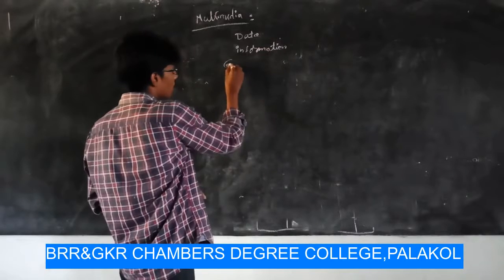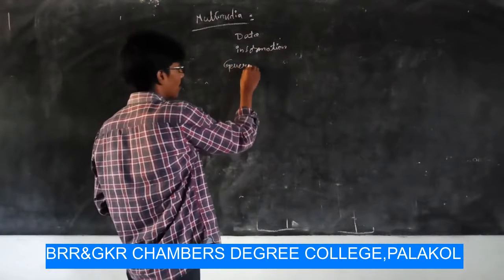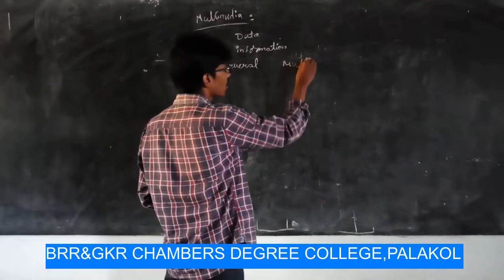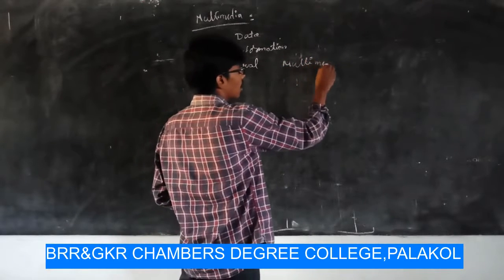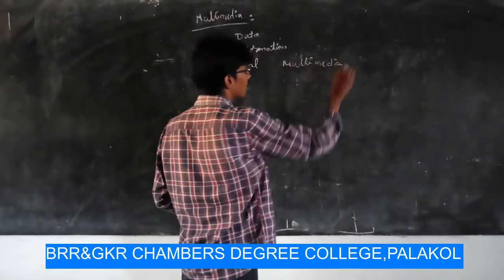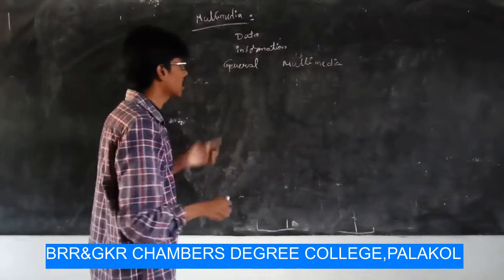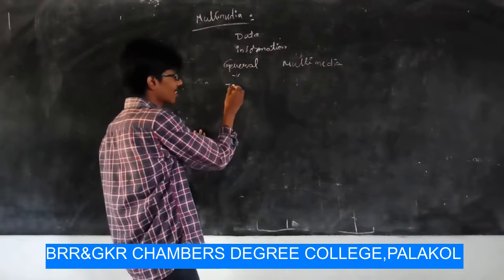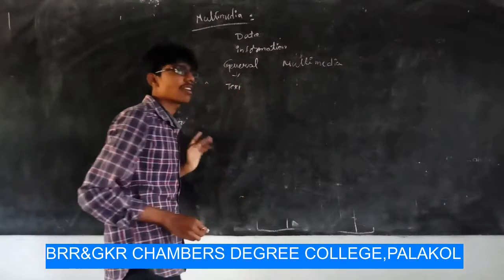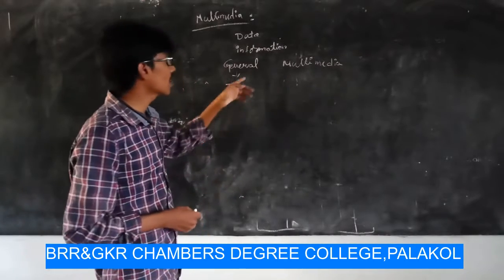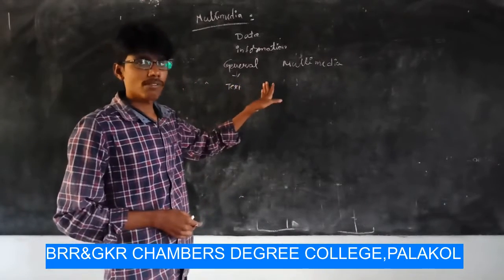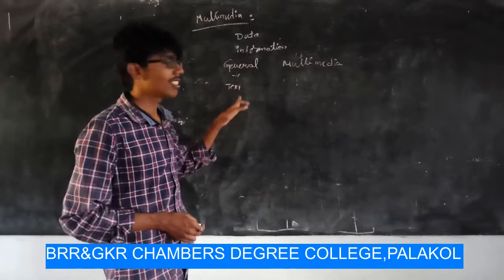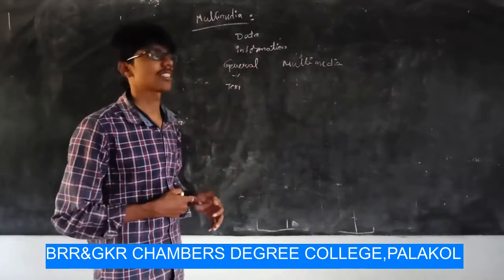There are two formats: the general format, and another one is the multimedia format. Multimedia format and the general format. Coming to the general format, there the information about the data is represented in the form of text. This is called the general format of text.